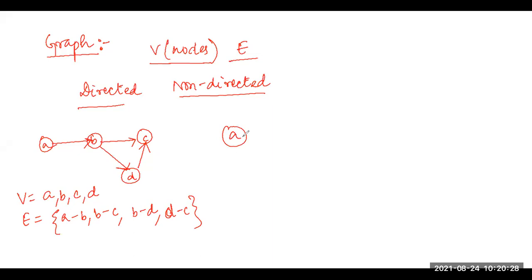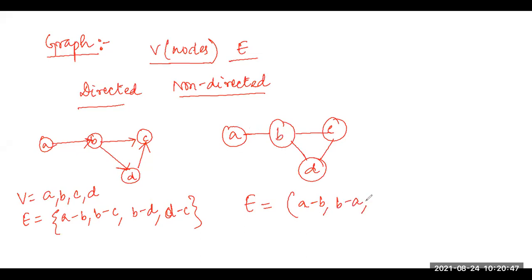But if I do the same as a non-directed graph, the number of vertices will be the same, but the number of edges will increase, because there can be one path from A to B, and also from B I may reach A. Similarly, B to C, C to B, B to D, D to B, and C to D, D to C. So from each node, I can go either from B to D or D to B. No direction is maintained.